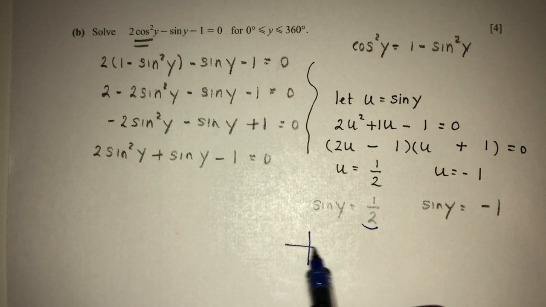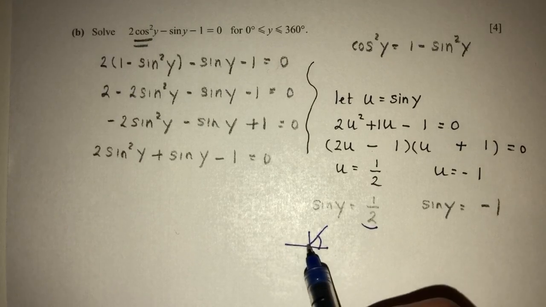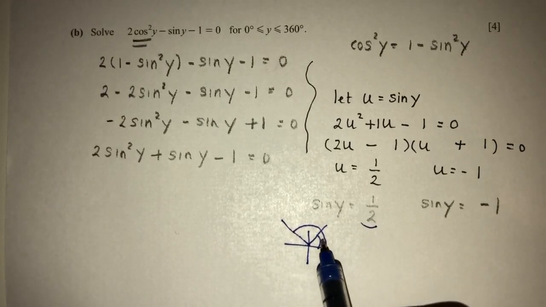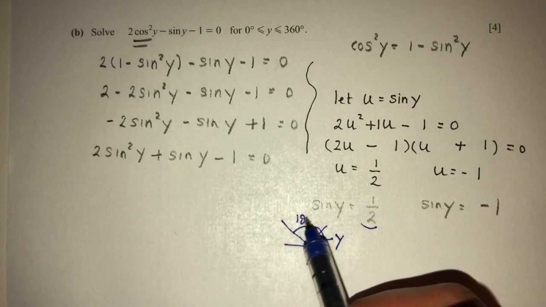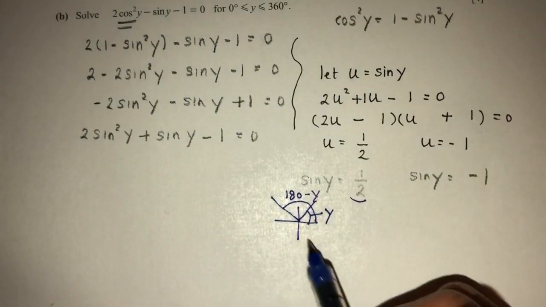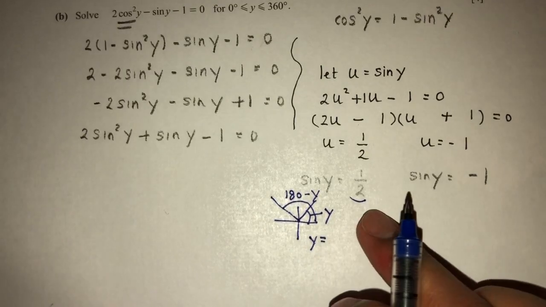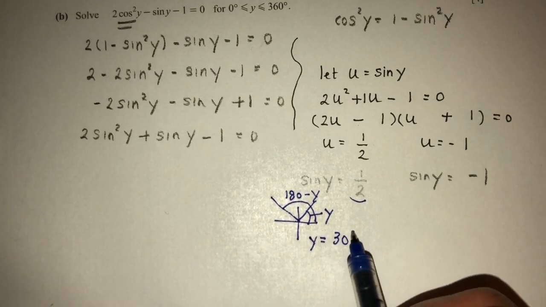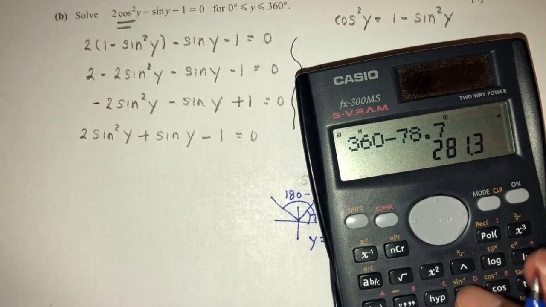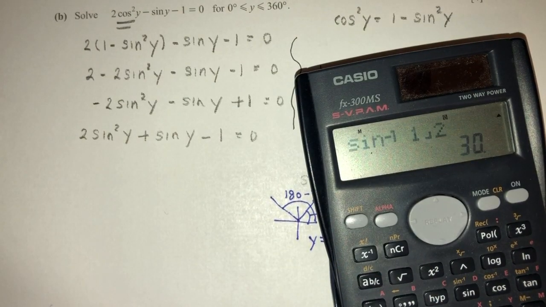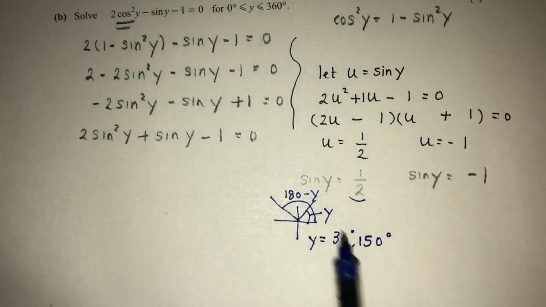So when sine is positive, it is in your first quadrant and your second quadrant. First will be the angle directly, and this one will be 180 minus y. So y will be what? Sine inverse of half will be 30 degrees, and this will be 150. You can check, obviously. Half should be 30. And then 180 minus 30 will be 150.